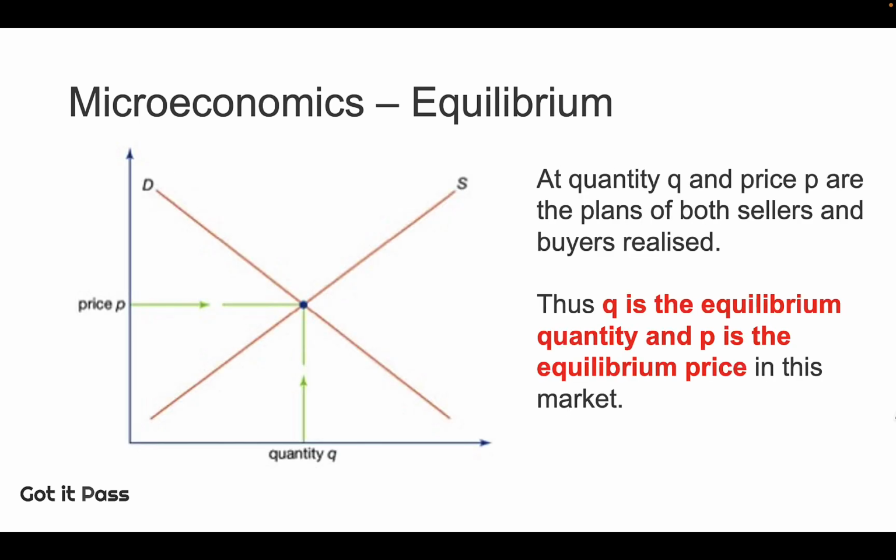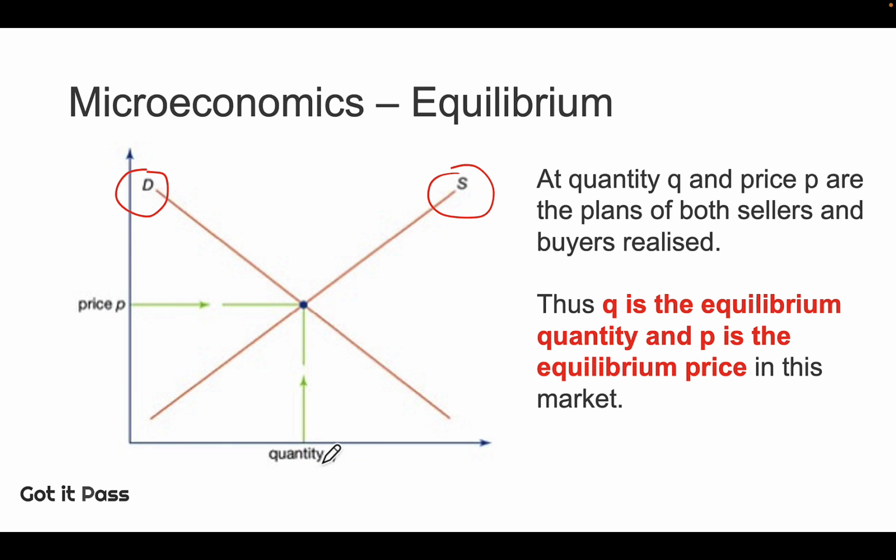So in terms of the chart, it shows the demand curve and also the supply curve. We put this demand and supply curve all together into one chart, showing the individual consumer's demand for a particular product at the price, say at price P. The quantity demanded is at quantity Q, and at this price point, the suppliers are willing to supply at quantity Q as well.